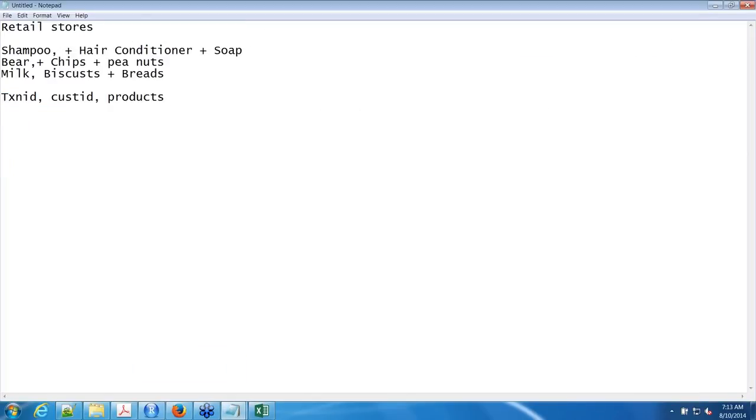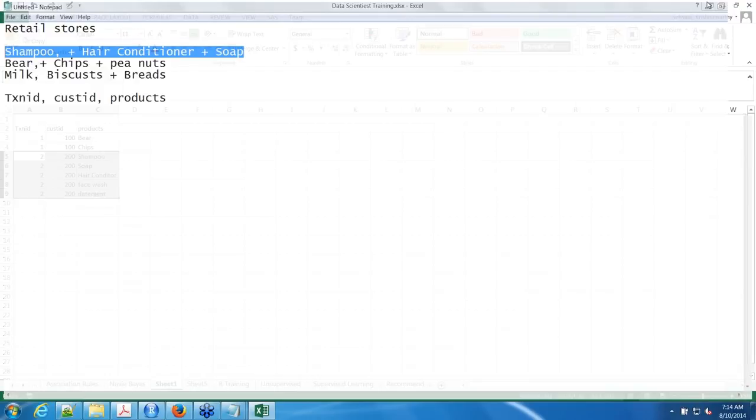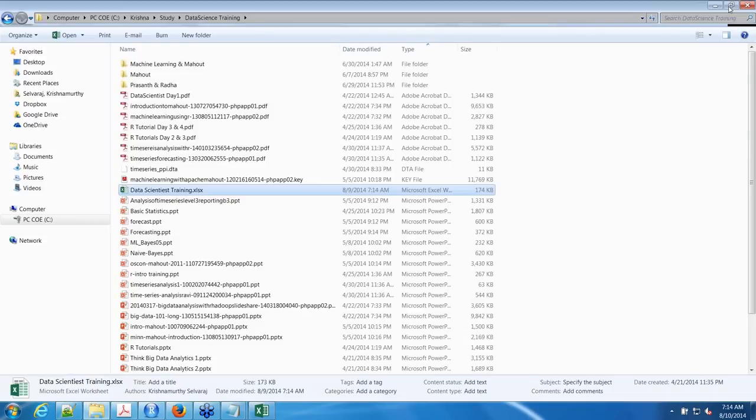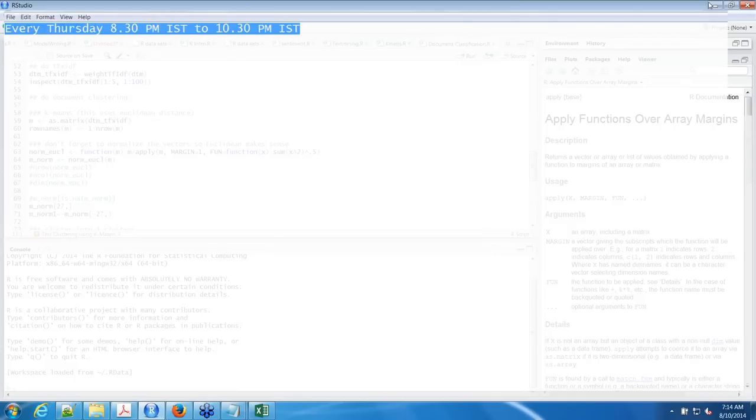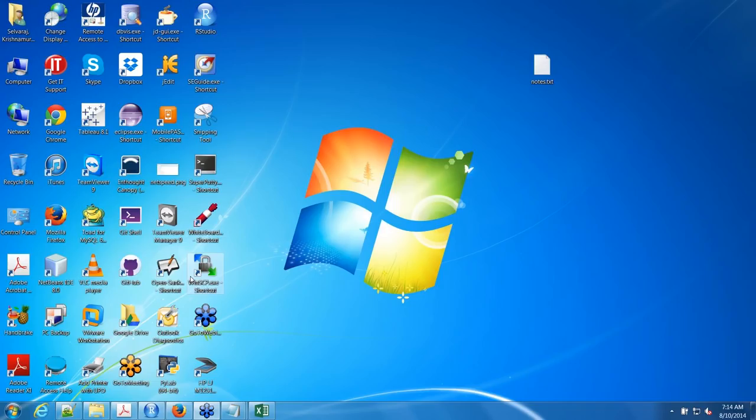Now what I want to understand is which products are collectively and frequently purchased together by more customers. If more customers are buying products together, I find out the maximum percentage level at which these products are purchased together.